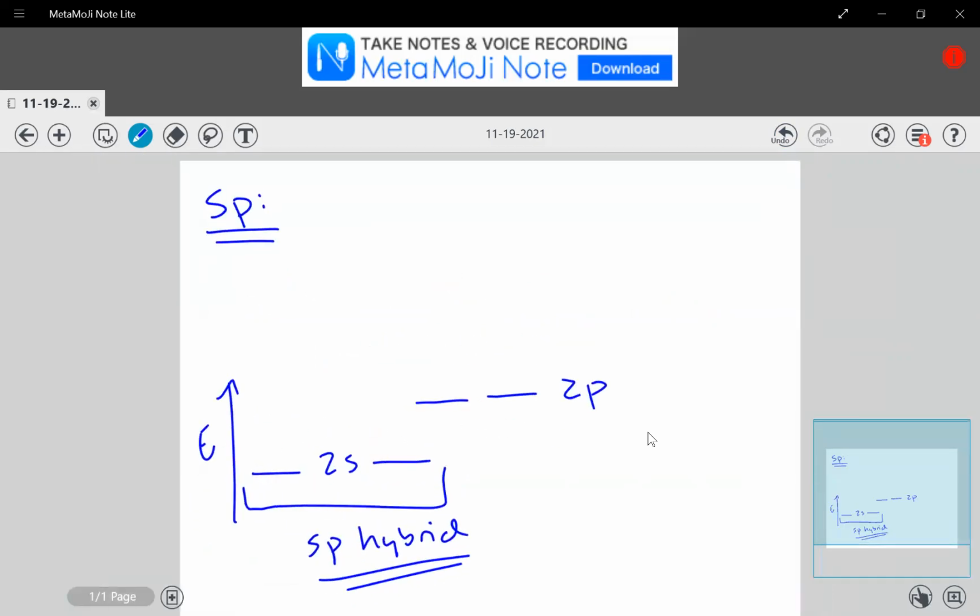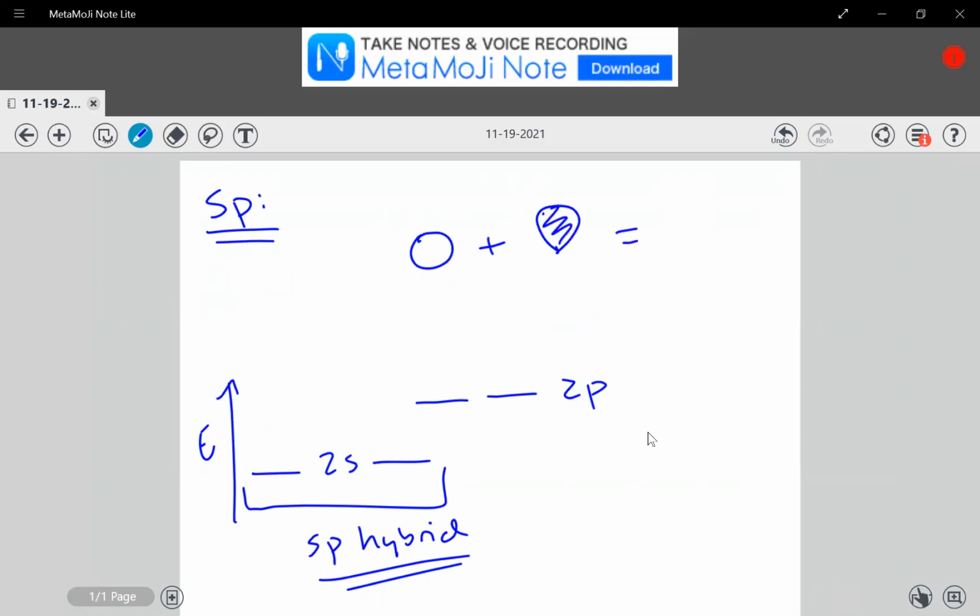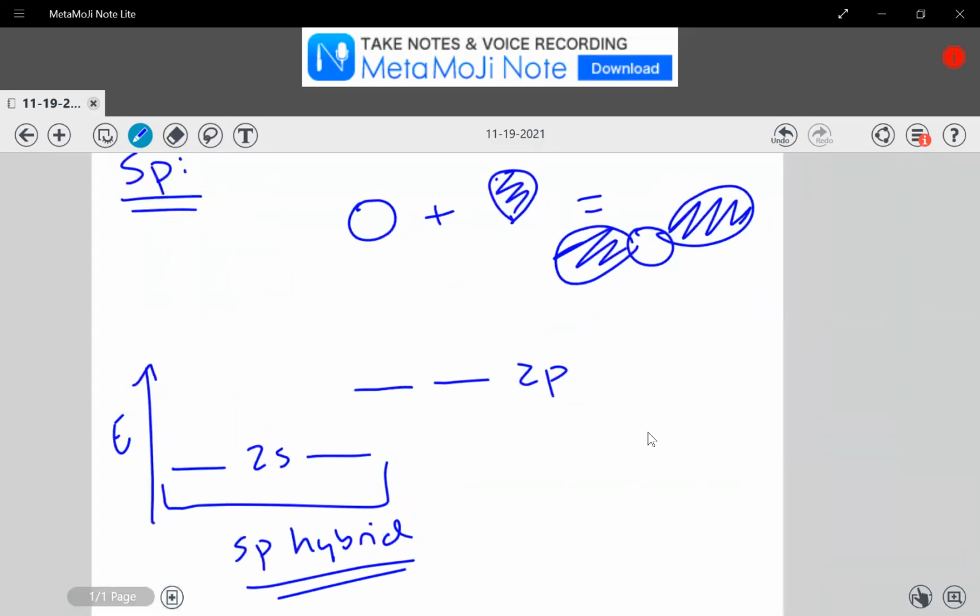So if we're going to draw this, s plus p like this, then it can just look something like this. Maybe another one right there, who knows. And this just gives you your linear shape for the most part.